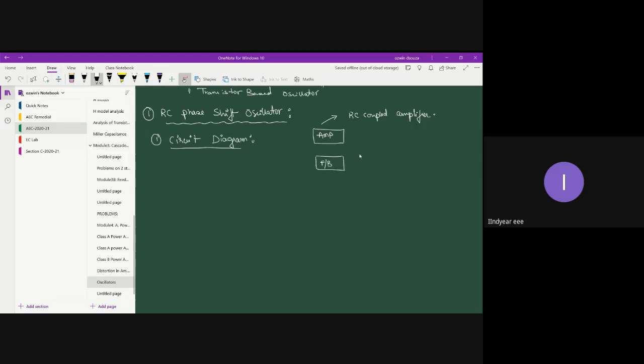In all the 6 circuits, we will be considering the same RC coupled amplifier circuit. What differs in an oscillator circuit is the feedback circuit. In every oscillator circuit, you will have a different feedback circuit, one for the RC phase shift oscillator and a different one for the radio frequency oscillator. The amplifier remains the same.